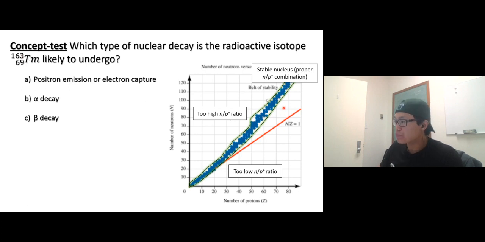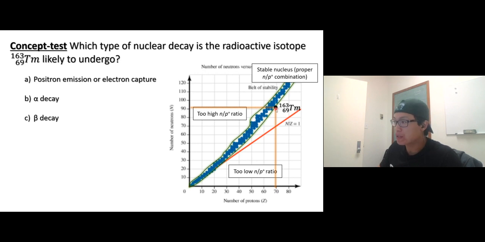If you look at this graph, 69 protons right there, and about 90 something. So 163 minus 69, that's about 94 neutrons. Okay. So if you plot right here, you're going to see that the thallium is right below the belt of stability.